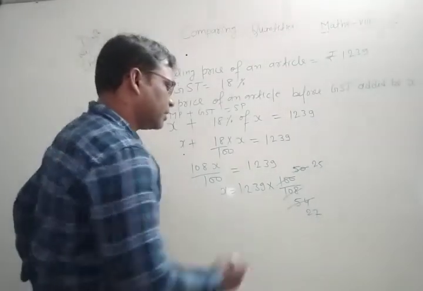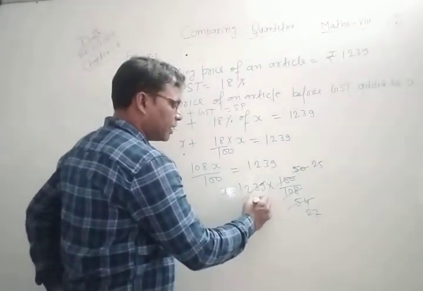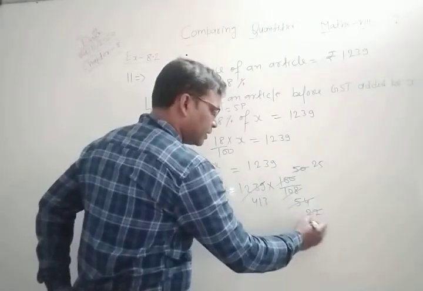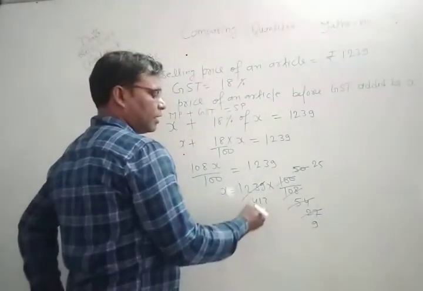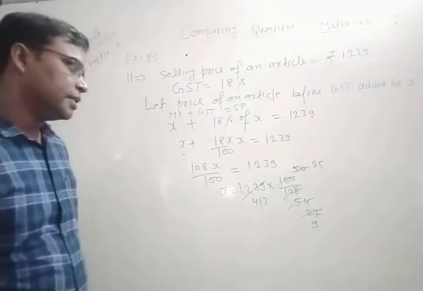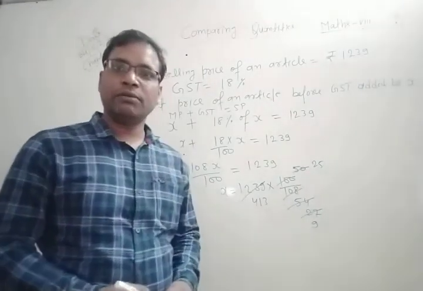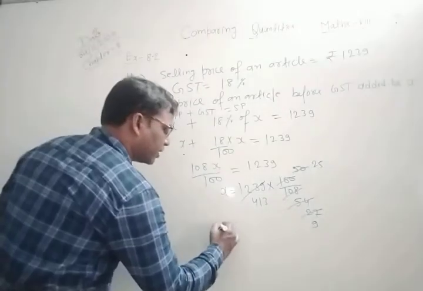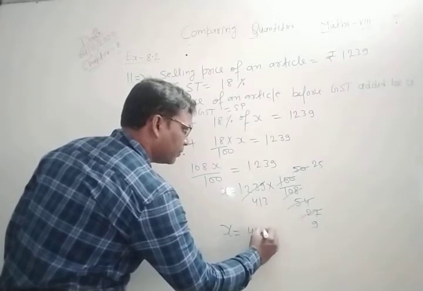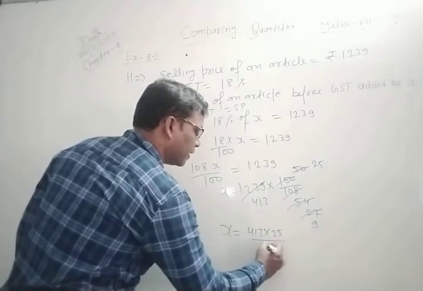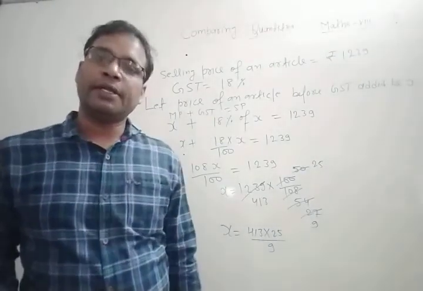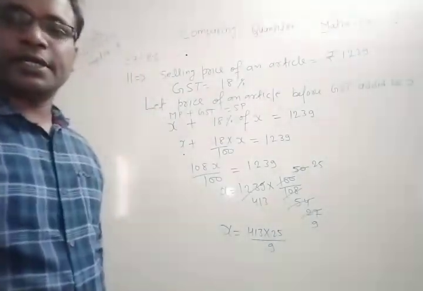If you cancel it by 3, then you obtain 413 here, and 9 by 3. Again, is this cancelled by 3 or not? This is not cancelled by 3. Then we multiply this and you can write it as 413 into 25 divided by 9. When you multiply and divide, then you obtain the required result.